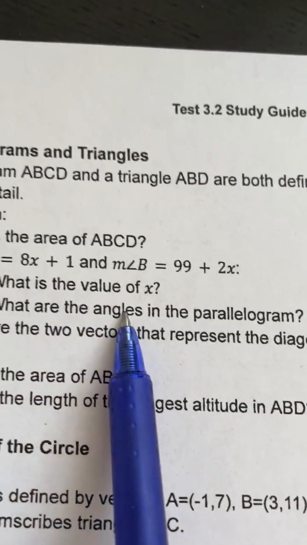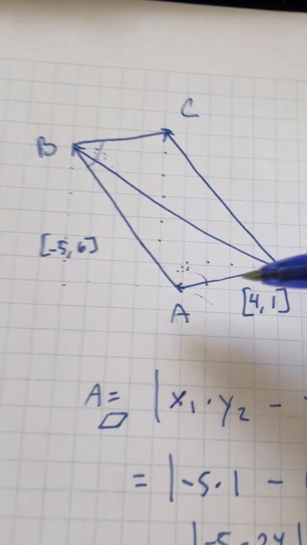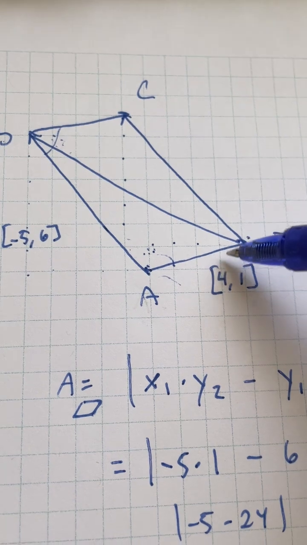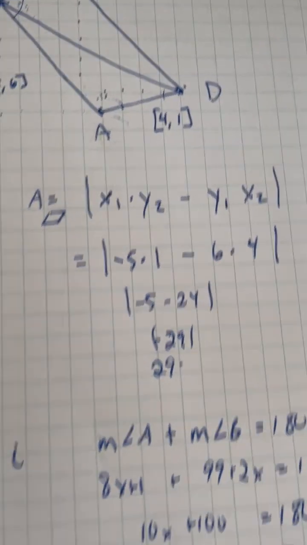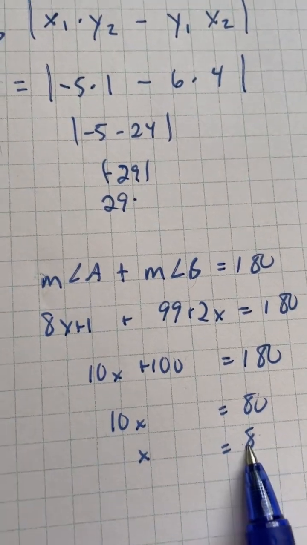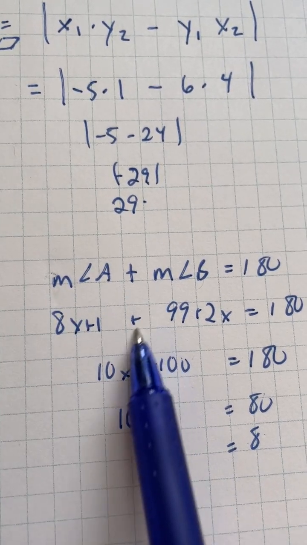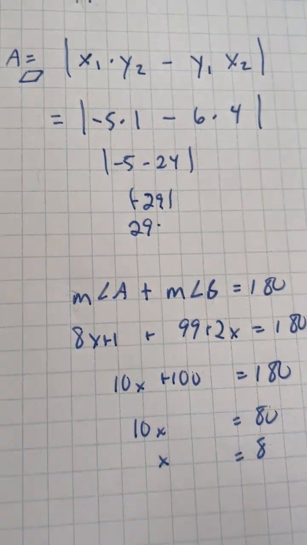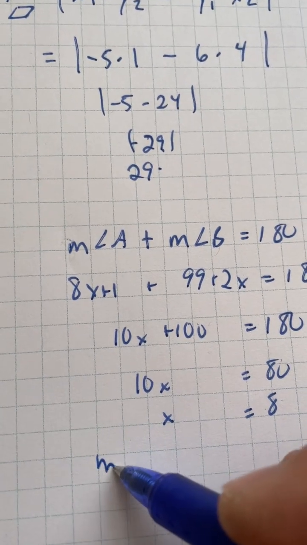The next question is, what are the angles in the parallelogram? Meaning, what are these angles? To figure out angle A, we'll take our answer for x and plug it back into the expression for A. So let's see, 8 times 8 plus 1, so angle A is 65.